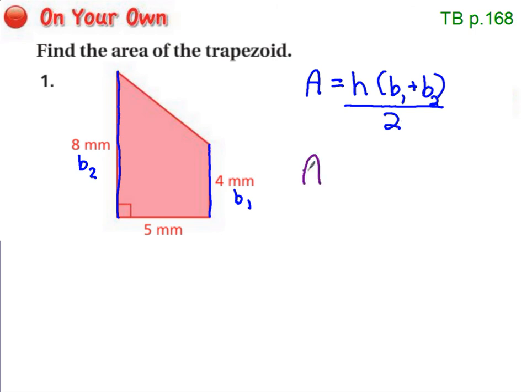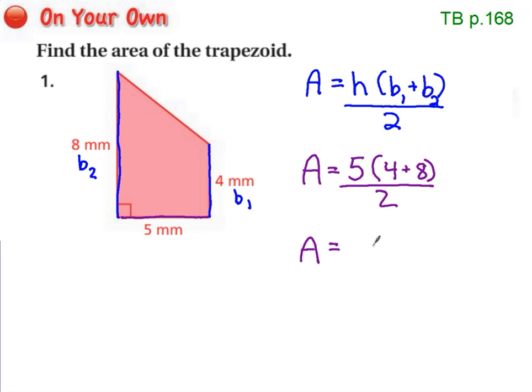So the area, the height is going to be 5 because this is the length of the perpendicular line connecting the two bases. So my height is 5, base 1 is 4, base 2 is 8. Those numbers need to be added, and then I need to divide it by 2 so that it's just 1 and not 2 trapezoids. Order of operations tells me that I need to add first.